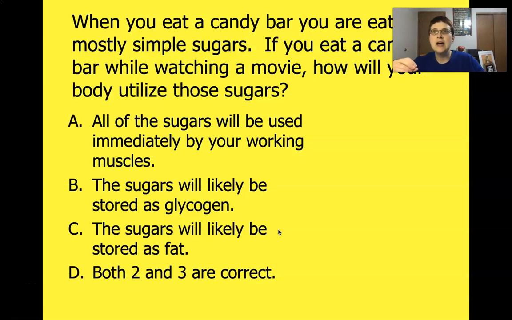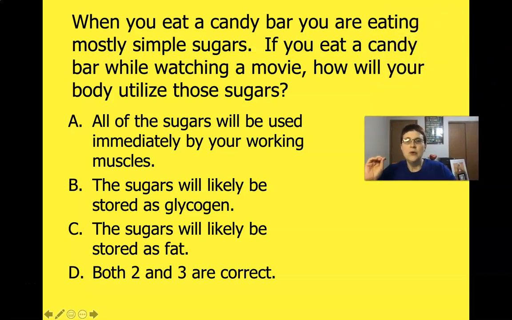Before we get to that, I do have a question for you. When you eat a candy bar, you're eating mostly the simple sugars, like the monosaccharides glucose, fructose, and so on. So if you eat a candy bar while watching a movie, how will your body utilize those sugars? What will your body do with the sugars?